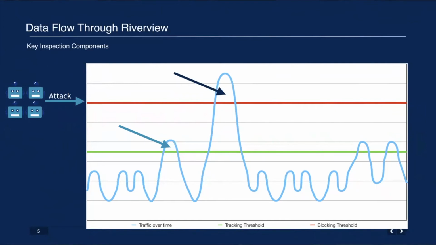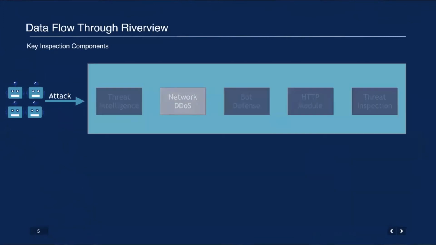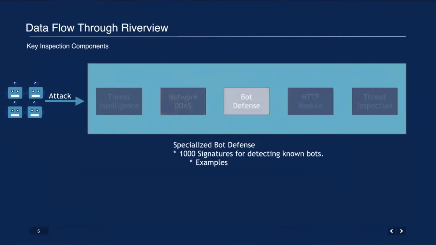And in this graph, it was kind of hard to show, but the blocking threshold and the tracking threshold are mathematically related as well. So as your traffic grows and changes over time, they're kind of pegged to each other, so they move in accordance with each other. So that's generally how the network denial of service part works.